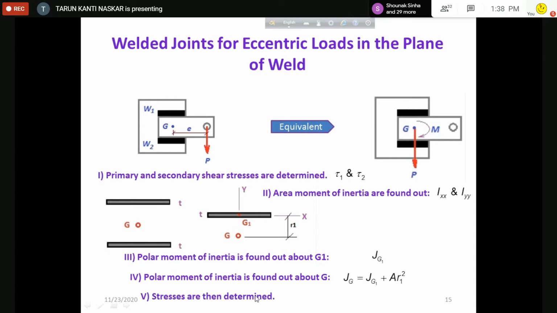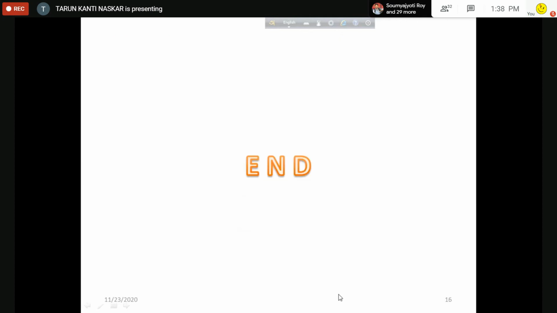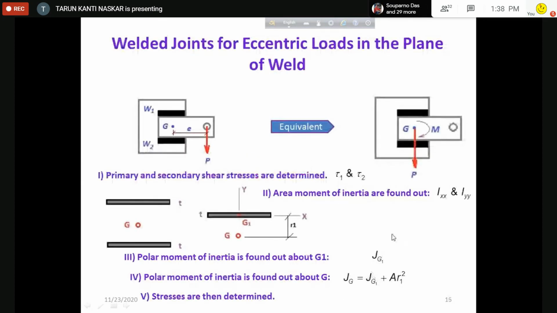Stresses are then determined after finding out this JG. Only the process is not shown to you in detail, but you can find it out. That repetition is boring, so I have omitted the repetition.